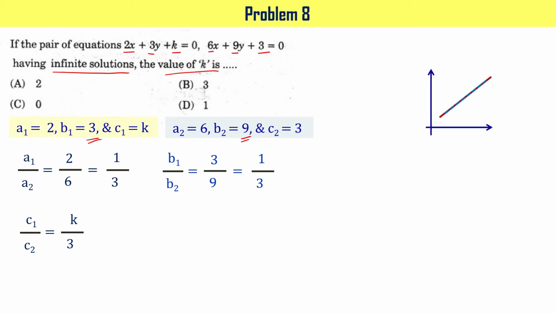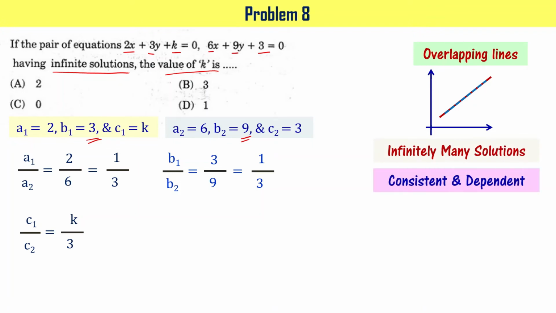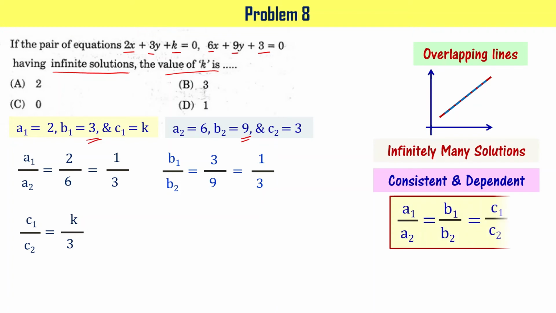When you have overlapping lines, the equations corresponding to those two lines will have infinitely many solutions. And those equations are said to be a consistent but dependent set of linear equations. Please note this. Their coefficients relate as a1 by a2 equal to b1 by b2 equal to c1 by c2, right?